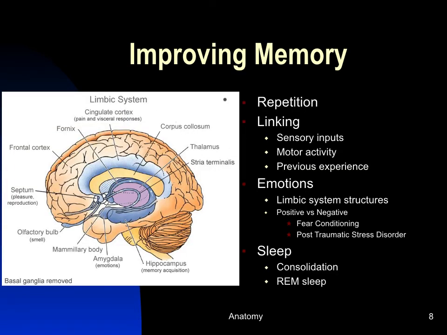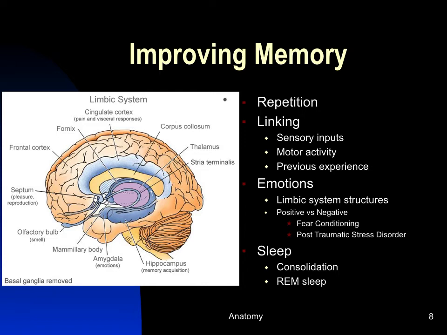So I've talked a lot about improving memory and the importance of repetition, but it's also important to link memories with multiple sensory inputs, to motor activities, and to previous experience or previous learning. This really helps store memory even without repetition.